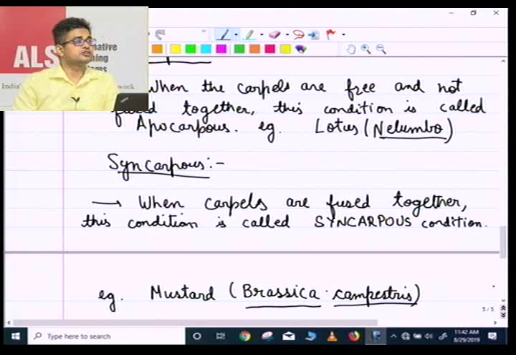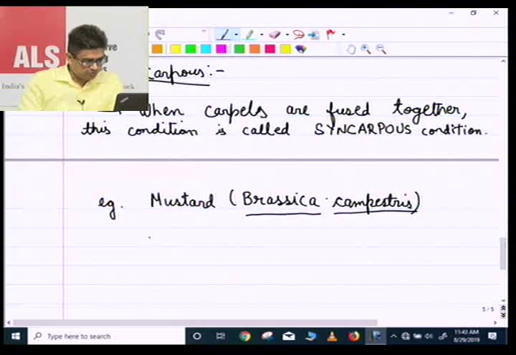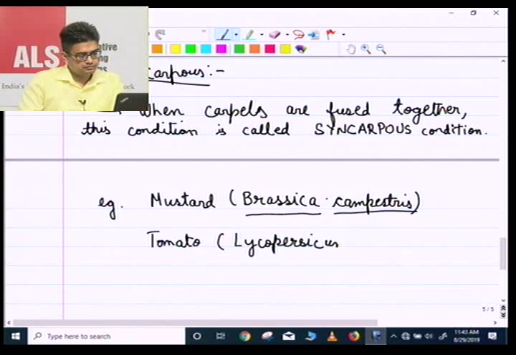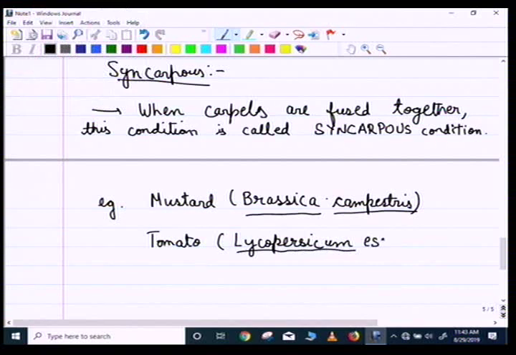Mustard, and the other example you can write is, yeah, you have written this, everybody? Okay, and then you can write tomato. Tomato's botanical name is Lycopersicum esculentum. But even if you remember Lycopersicum, it is sufficient.